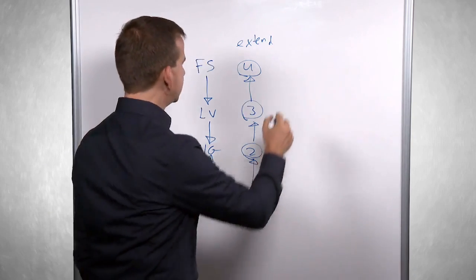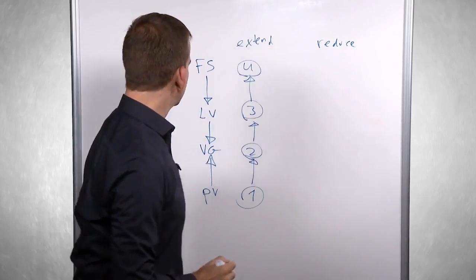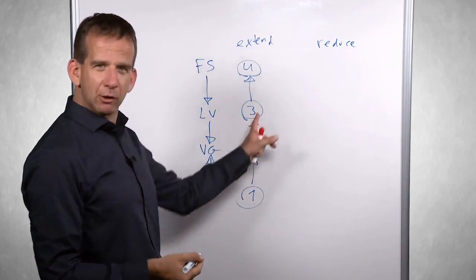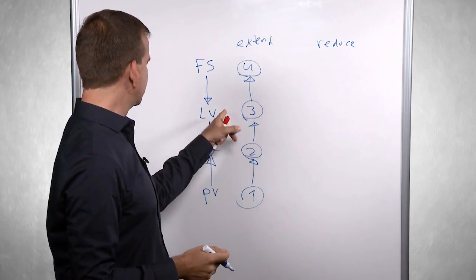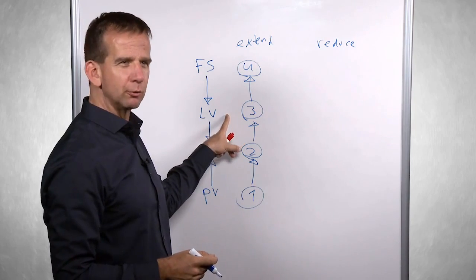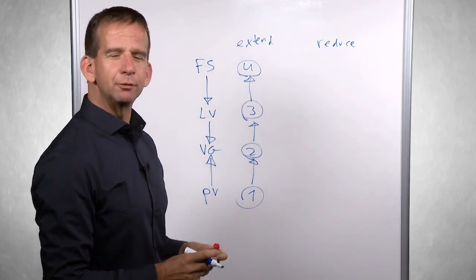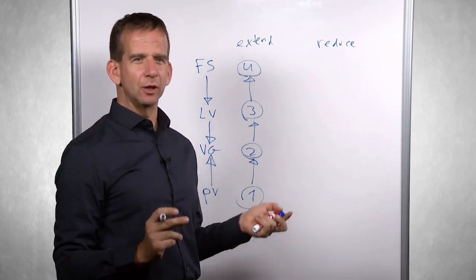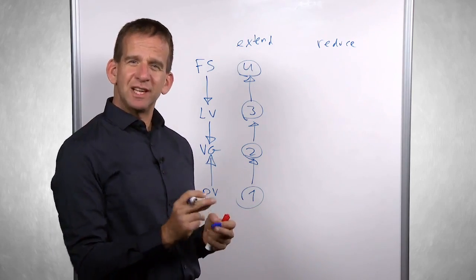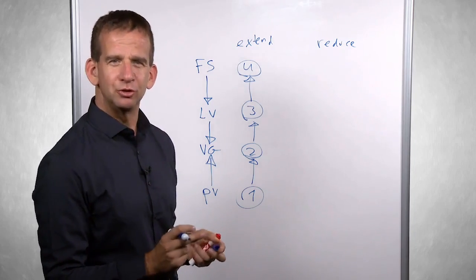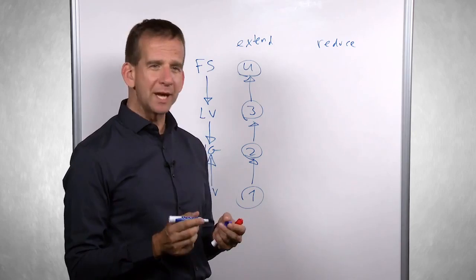Now we also have the reduce operation, which means we want to make the file system smaller. Can you imagine what happens if you take the wrong order here? If, for example, you started by reducing the logical volume without reducing the file system first, it would mean that the file system would be bigger than the logical volume that sits below it. And the FSCK utility is going to see that there's a problem there, and it's probably going to mess up all your data.